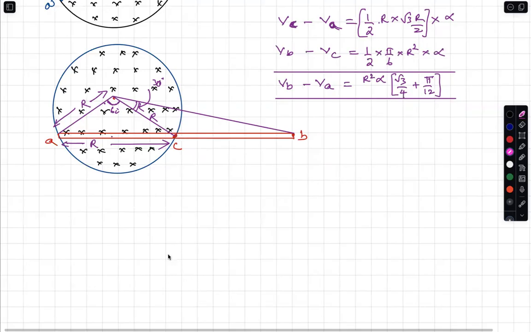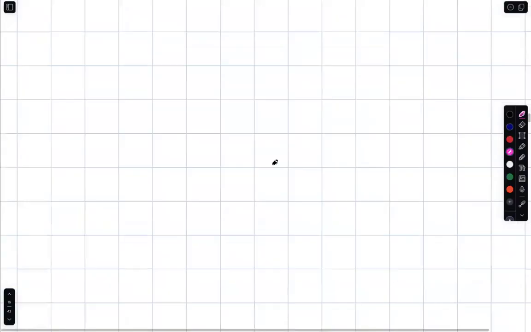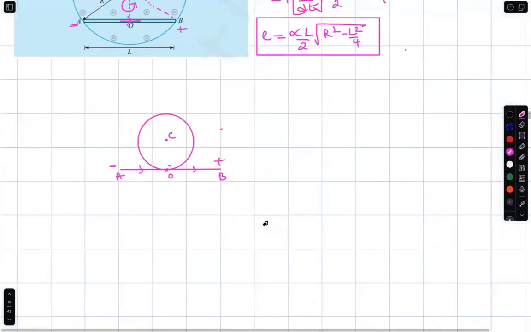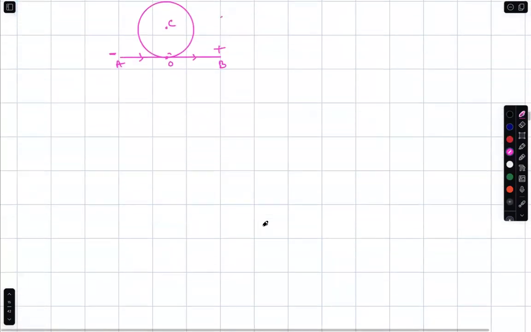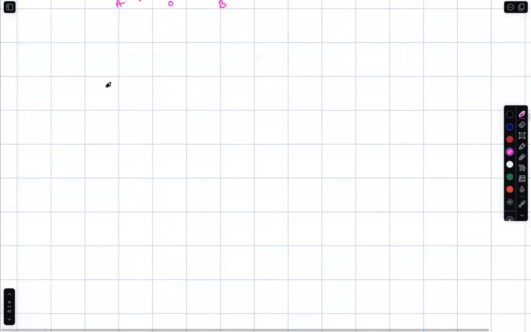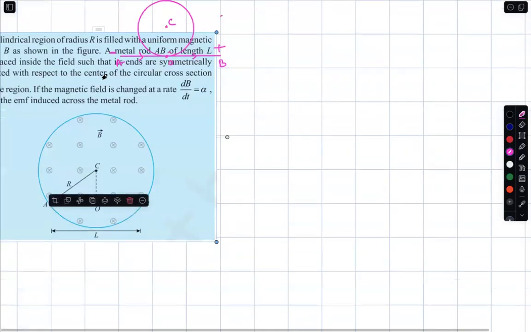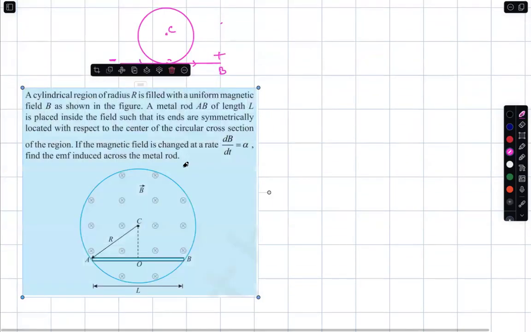Which means I'll give you clarity on this. Same question.